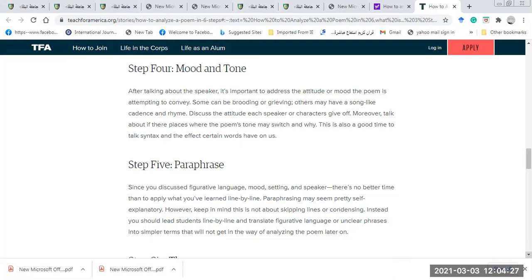Sometimes if I didn't clearly find the tone, I will search for places. For example, the place itself tells you the mood of the person. "And she dwelt among the untrodden ways." The places we have at the beginning are untrodden ways, detached places, faraway places, half hidden from the eye.